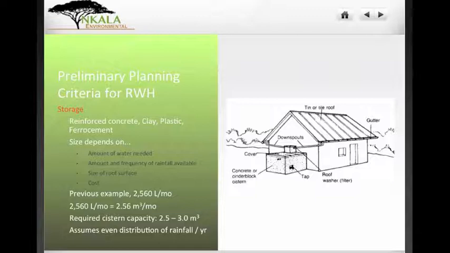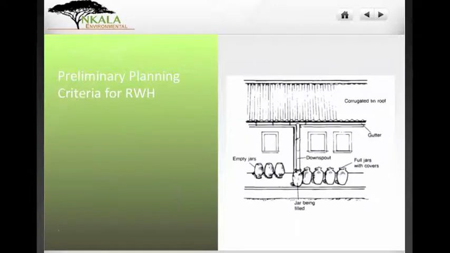If you do not have an even distribution of rainfall in your location, and in many places, tropical places do not, then we have to look a little bit deeper, which we'll get into in a second. What do you do if you don't have that steady flow of rainfall, where rainfall is heavy during some months, which we call the wet season or the rainy season, and then there's little to no rain other months of the dry season?